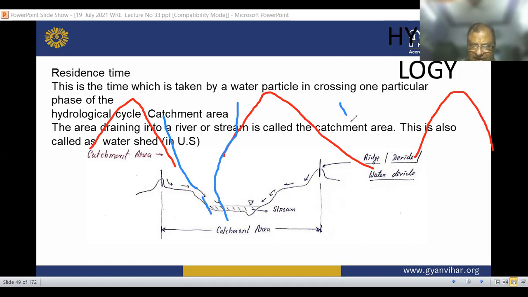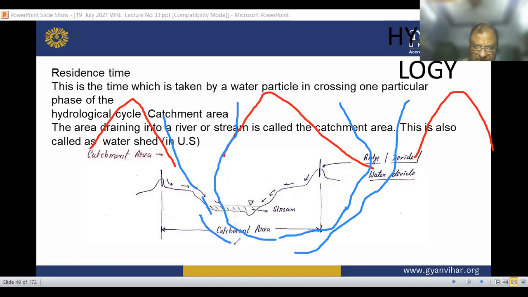And this area is another catchment. This river has come, and this river. And this is the practical example of the catchment.